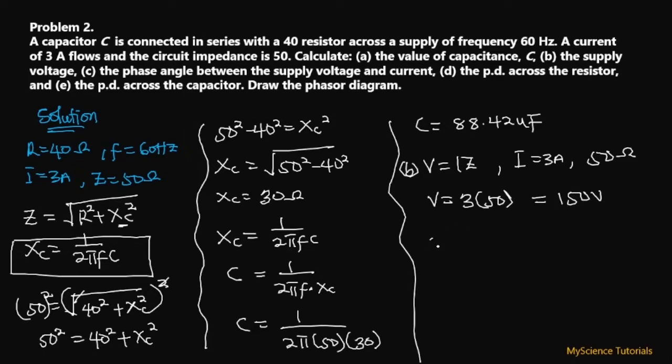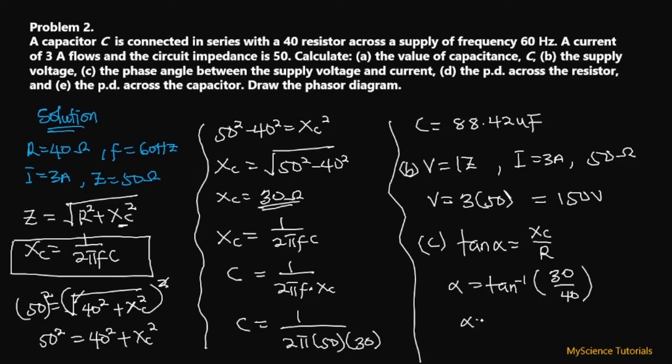Now let's look at C, the phase angle. We know that tan of the phase angle will be equal to XC over R. So our phase angle is the tan inverse of XC, which we found earlier on to be 30, over the resistance, which was given to us in the question as 40.